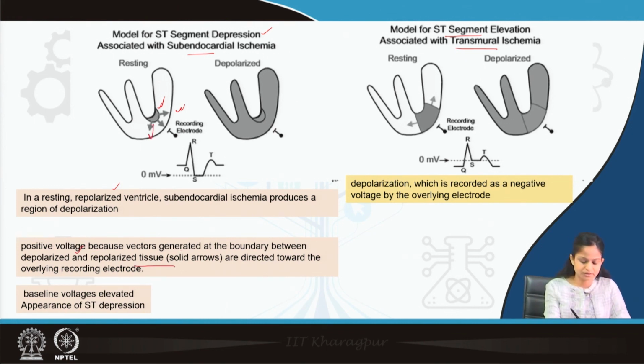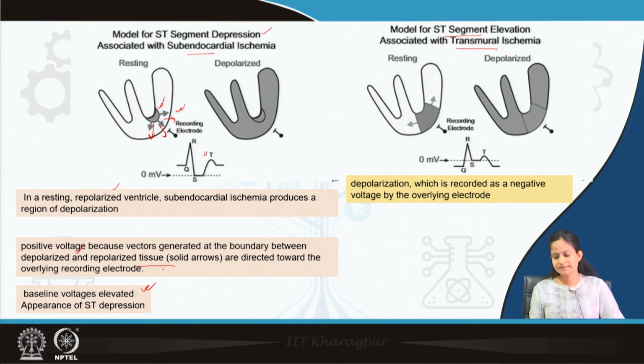It has been denoted by this arrow, and you can see this wave is towards the recording electrode. That is why there will be a positive voltage deflection, and this deflection will be from the baseline. Whenever there is a positive voltage deflection, the waves will move upward. There will be an upward shift of the waves from the baseline, but we will tend to see as if there is an ST segment depression. So, baseline voltages are elevated and there is an appearance of ST segment depression.